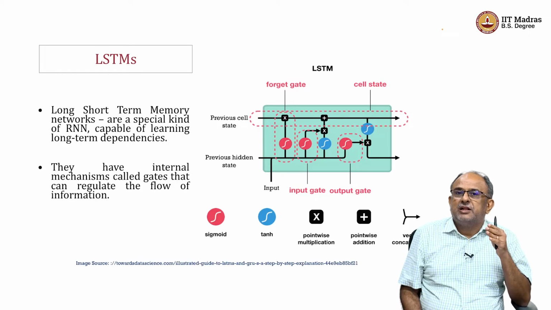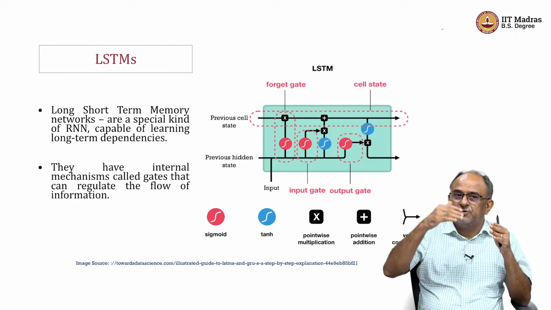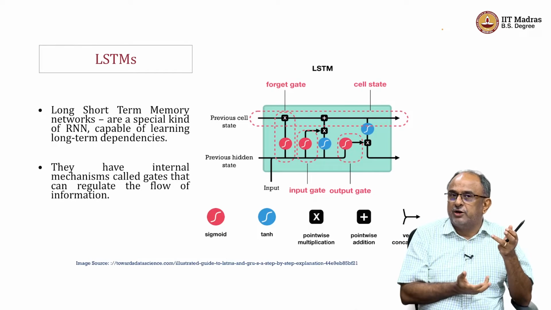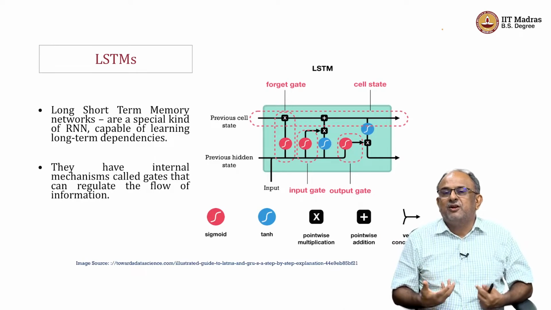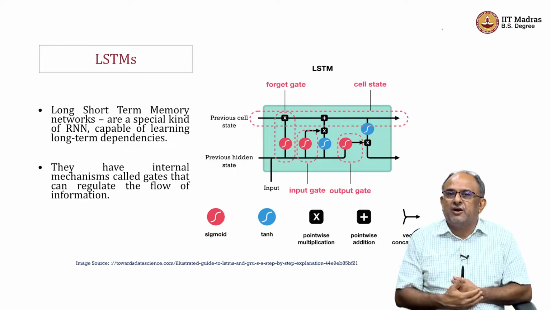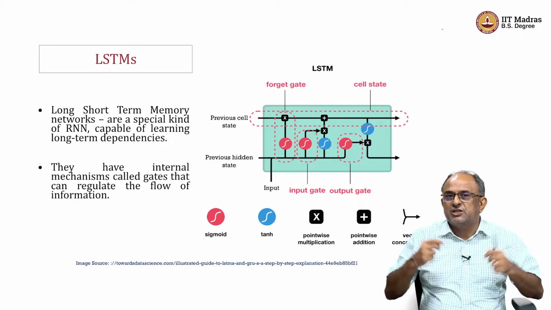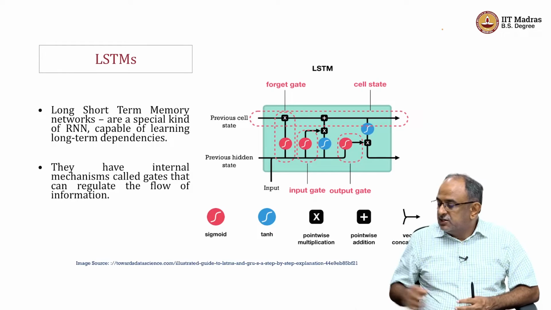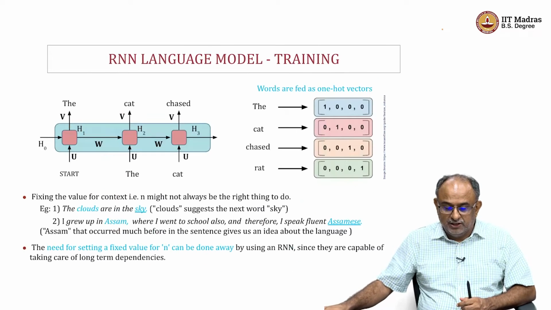Because of this, the gradient could get smaller and smaller and almost become 0. If it becomes 0, the weights are not going to get updated, so the neural network stops learning. Or if it becomes very big, then the network changes the weights all over the place and training also will not happen properly. Therefore, LSTMs are used in recurrent neural networks.